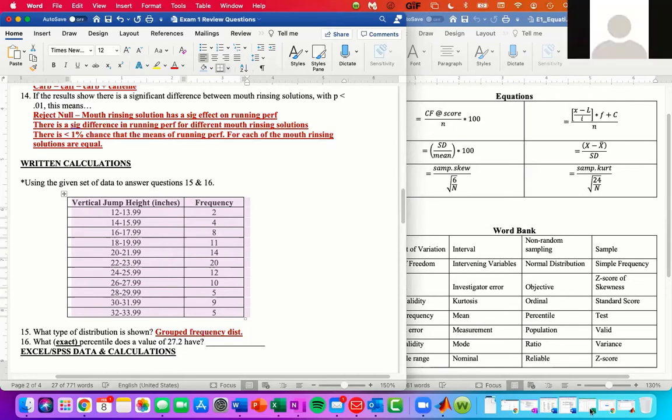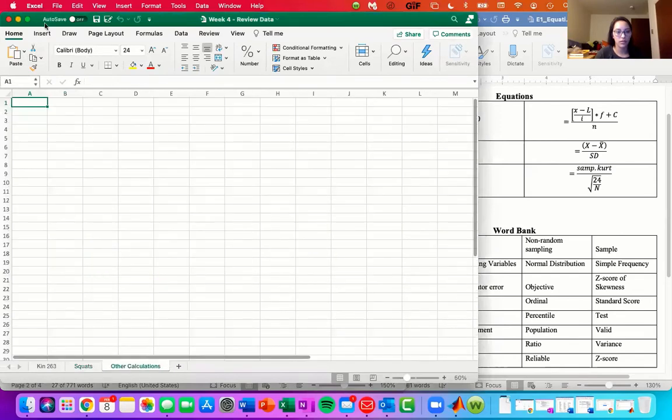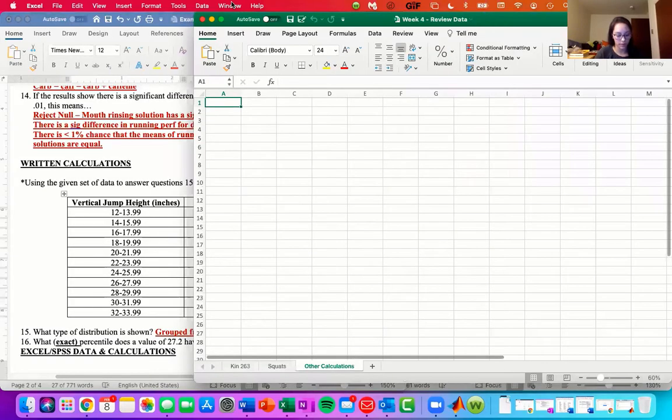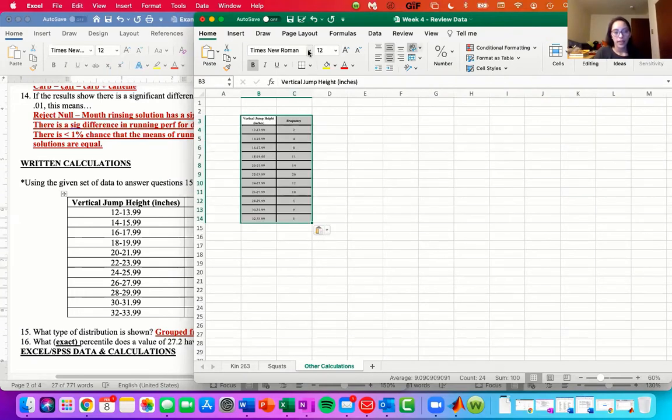Okay, so let's go into here. I left a tab open for other calculations. That way we can just mess around. Okay, and that's really small. Wonder if I can just... Screen sharing always makes things go so much slower.